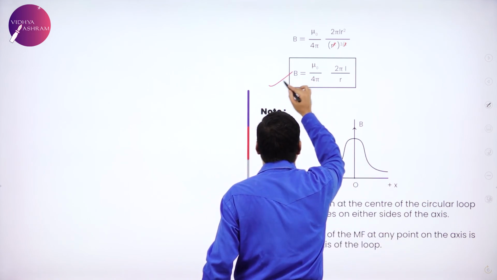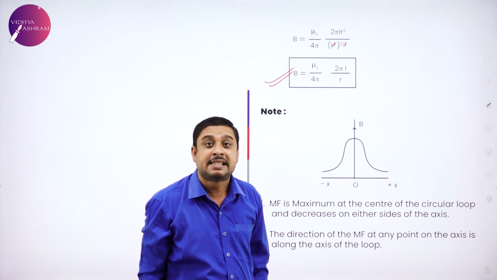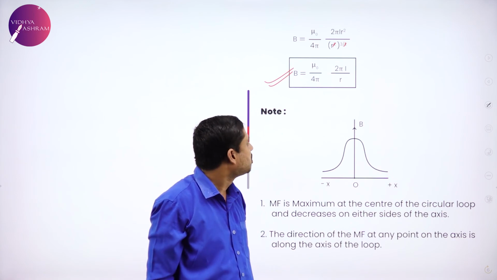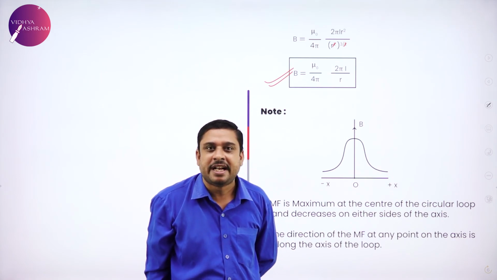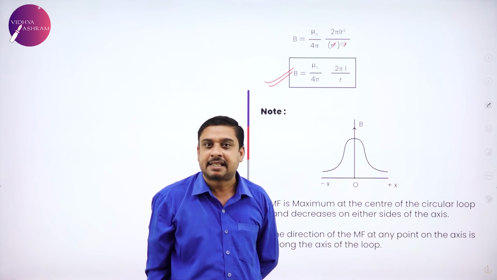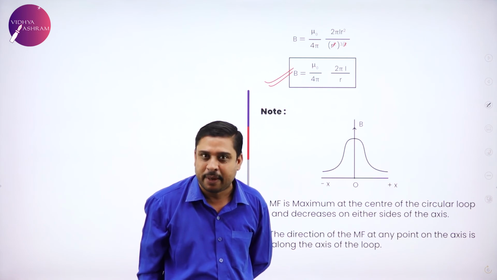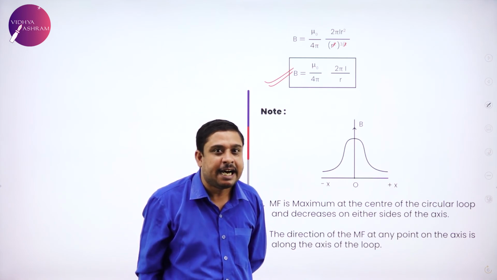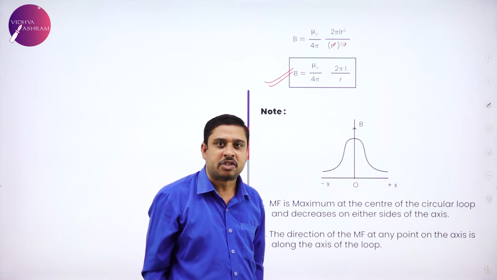This is the expression for the magnetic field at the center of the coil: mu naught by 4 pi, 2 pi I divided by r. In the denominator r square plus x square to the power 3 by 2, if it is at the center, x is 0, and this is the expression.